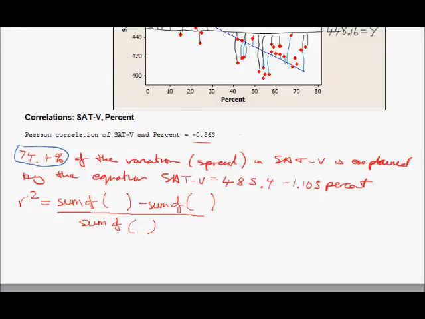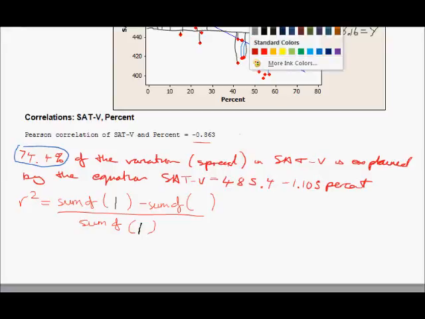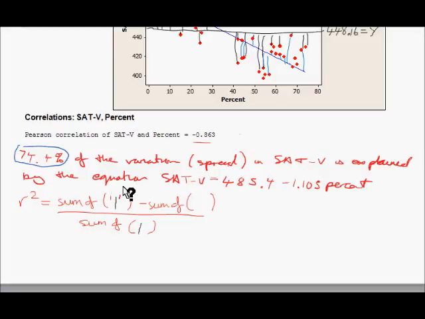I want to take the sum of those black lines on top and bottom, and I'll do this in red. So I put a little quote around it, so it's that distance, whatever it is, and I square those distances.